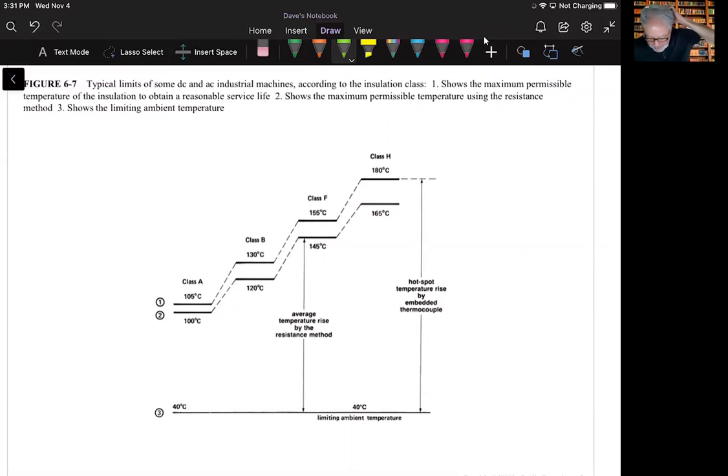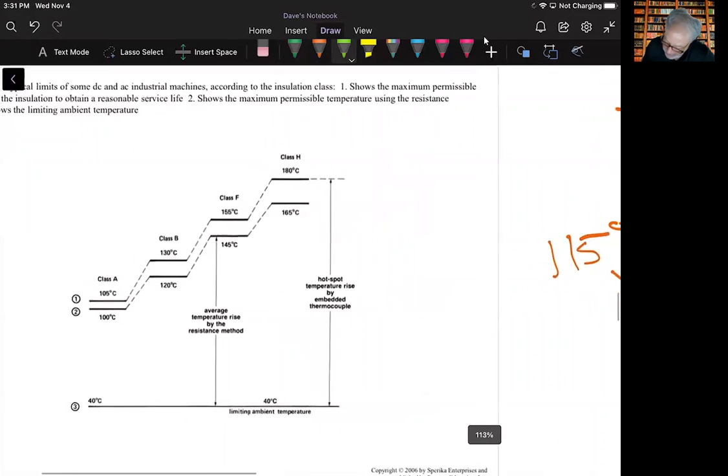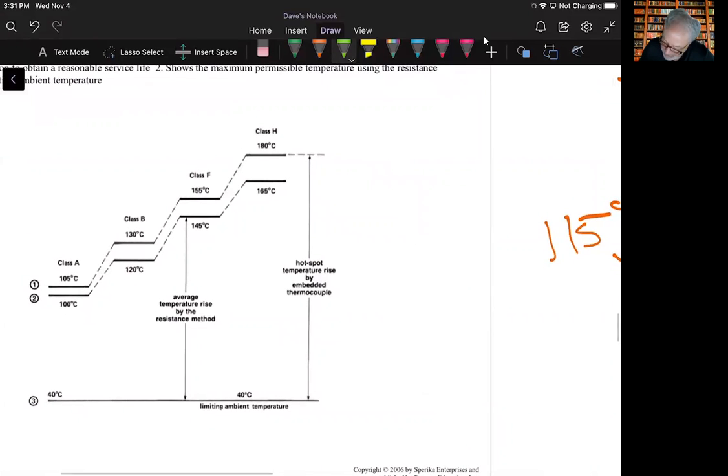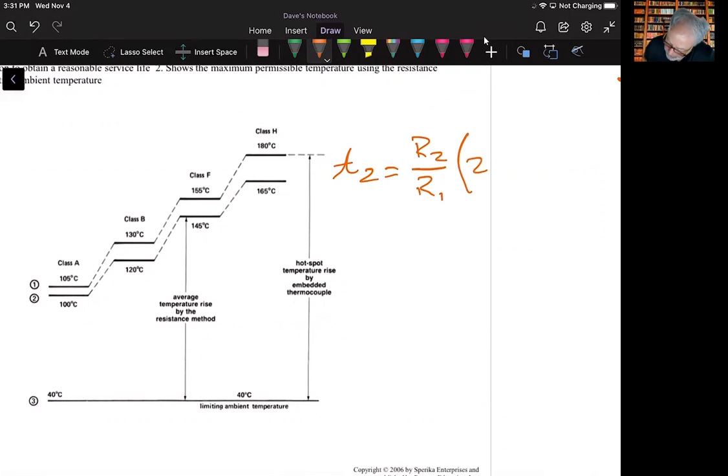Now, the average temperature of a winding is determined based on this equation. Let me move this out to here and blow this up. The equation given to us as 6.5 says T2 equals R2 over R1 times (234 plus T1), minus 234.